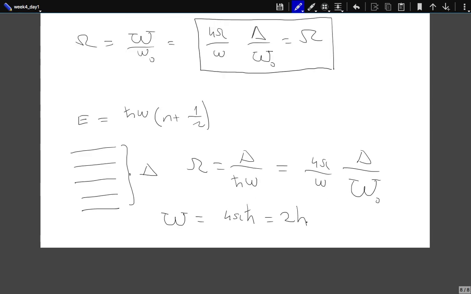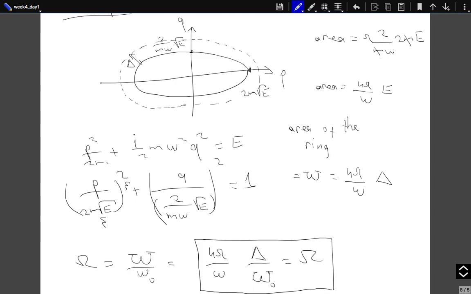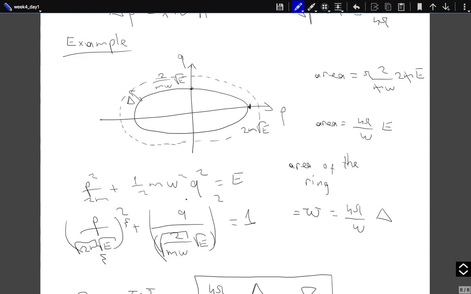Now, first question, did we make a mistake somewhere? So let's go back over here. Our mistake is this is square root of 2m, and this is also 2 over square root of m omega. Okay, so that was the mistake. Here we have a square root, here another square root, this is omega squared, so this is 2.